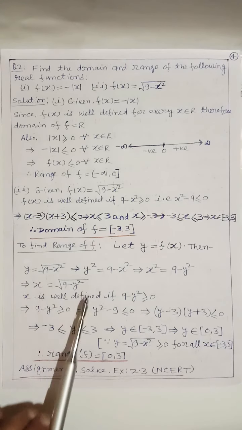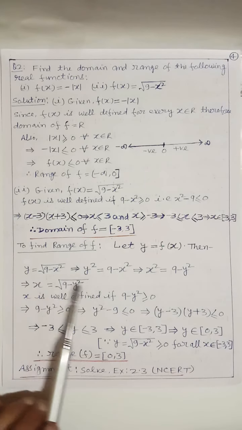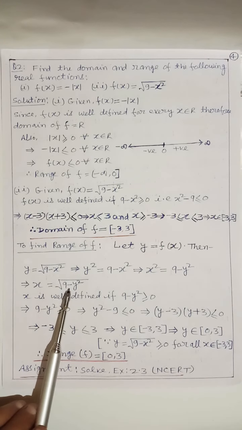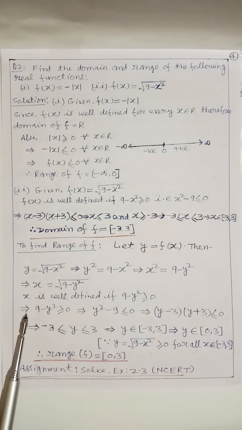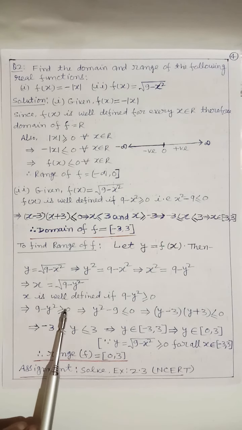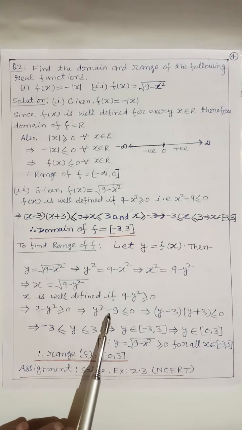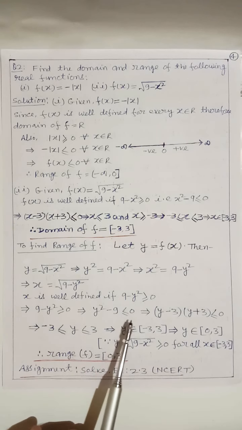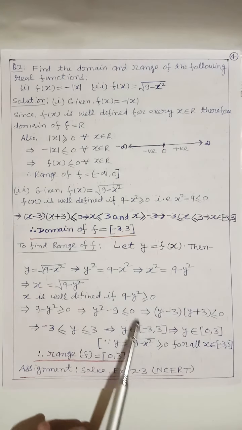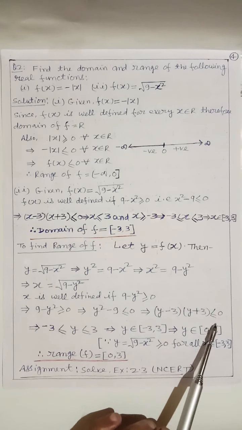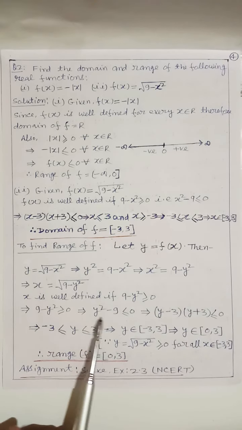Here x is well defined. We already know that a square root is defined when the value inside is greater than or equal to 0. This implies that 9 minus y square is greater than or equal to 0, and we can write y square minus 9 less than or equal to 0, which can be written as (y minus 3)(y plus 3) less than or equal to 0 using the identity a square minus b square.